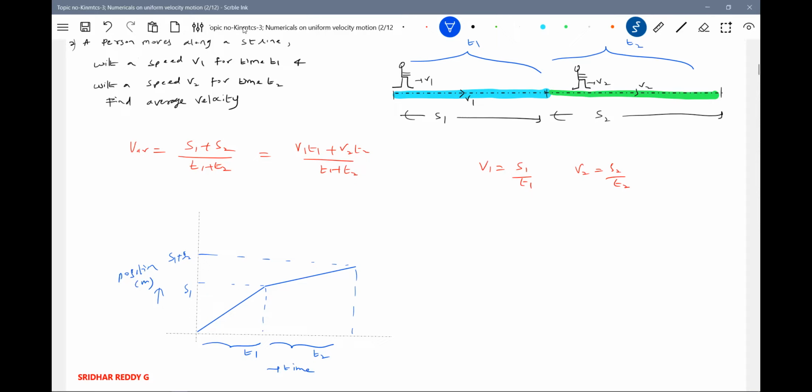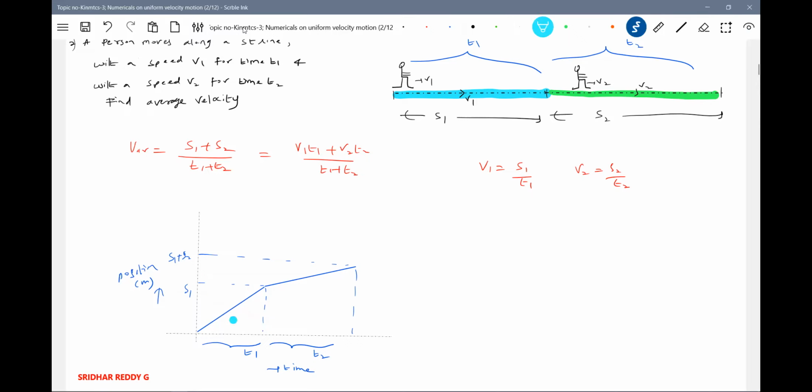So what are you going to do? From ST graph, can you calculate the average velocity? Distance divided by time taken. We already have distance, the distance is unknown. It may not help you, but I am just showing you that one.